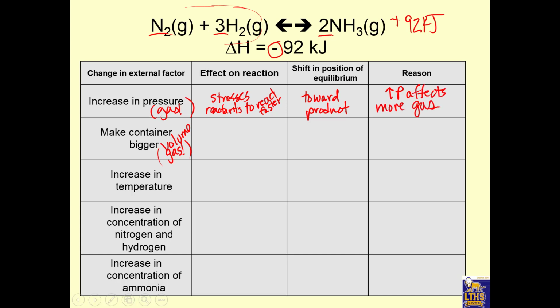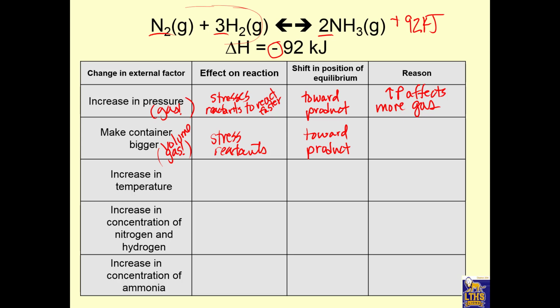All right. Make the container bigger. That means give this container a lot of room to spread out. Okay. So effect on the reaction. It's going to stress more reactants. Reactants again. Okay, so it's going to shift toward product, which is saying it's going right, toward product or toward the right.